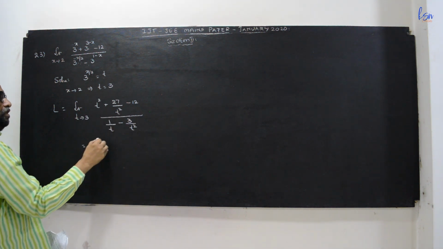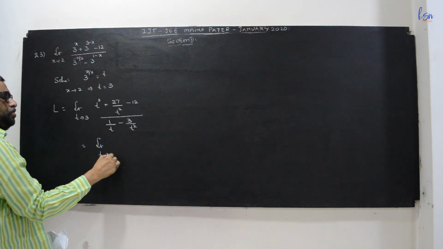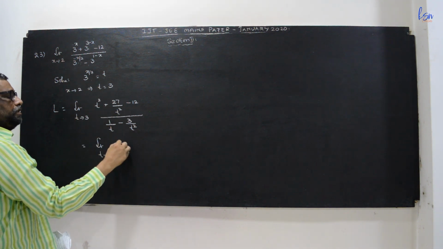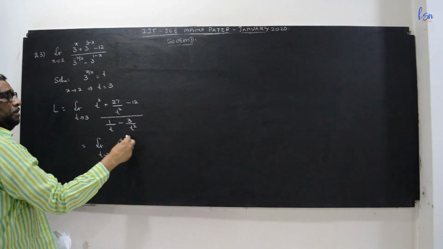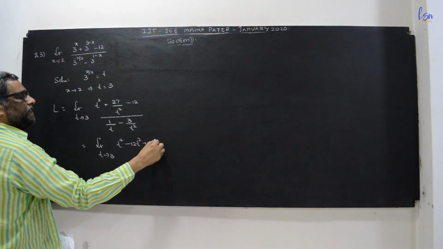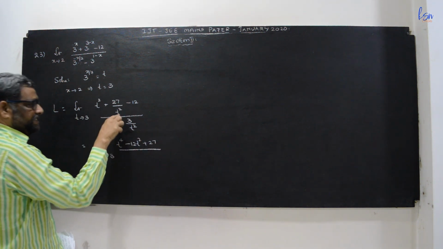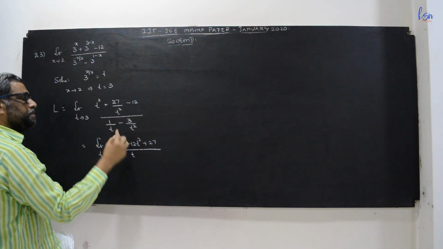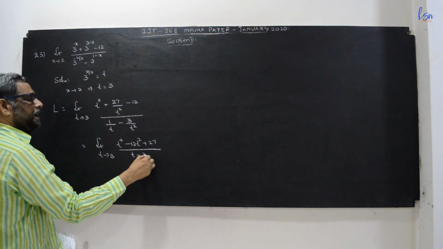Now this is equal to the limit as t tends to 3 of (t⁴ - 12t² + 27) by t², over (t - 3) by t².